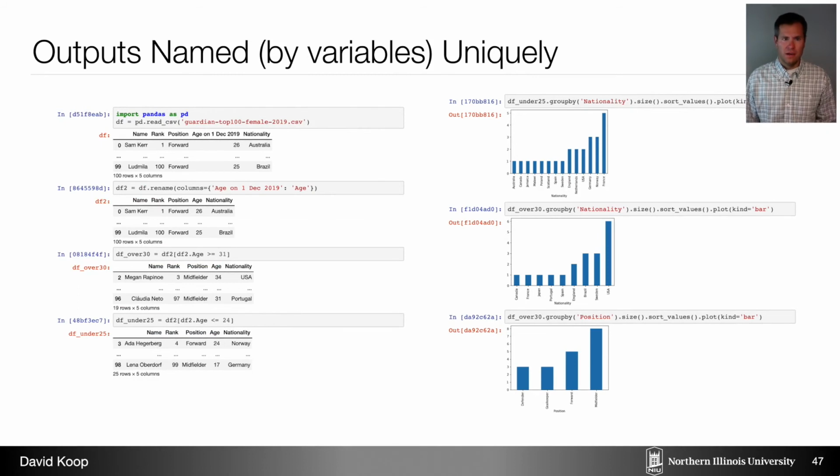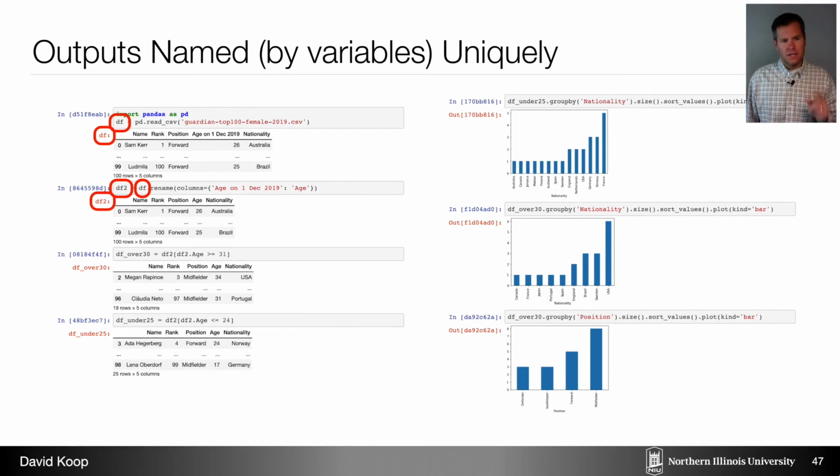So a better way was to use outputs that are named by variables, but uniquely, right? So instead of having df over and over again, we use that same judicious naming. But in cases where we don't know what's going to happen, we might have df and df2 and maybe df27 if we do a lot of transitions, right? And then remembering exactly which one of those variables becomes a little more difficult because we're only allowed to use the variable name once, right?